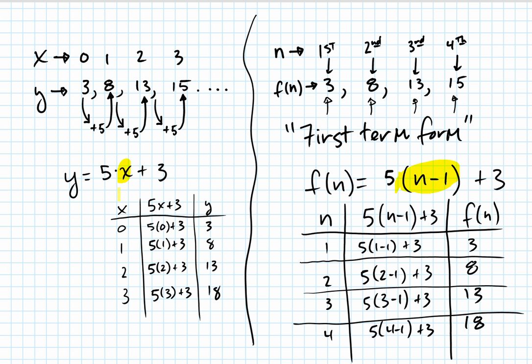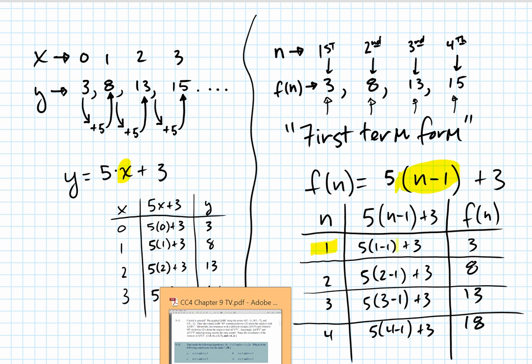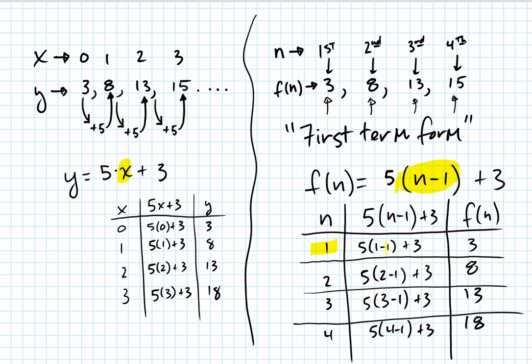I can verify the same thing's happening now. When I plug 1 in for n, I get 5 times 1 minus 1, which is 5 times 0. Same thing I would have gotten over here. 1 minus 1 produces the 0, and then plus 3 equals 3.